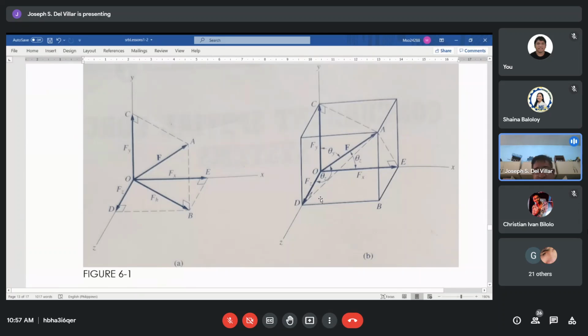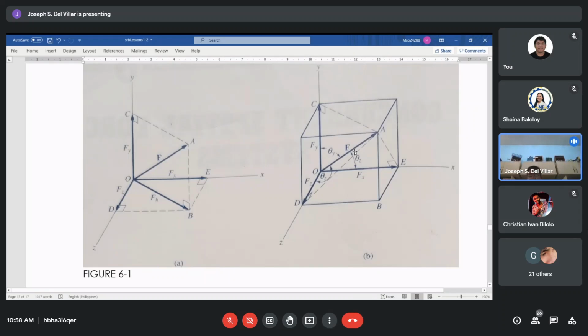Refer to figure B. The force F is from the origin, the bottom corner of the box, going to the top corner at the right of the front plane. It is the diagonal of the box, and it is not on the XY plane. So from the origin, the bottom corner of the box, you go to the opposite corner at the top. That is the location of F, so that is F along the line of action OA.